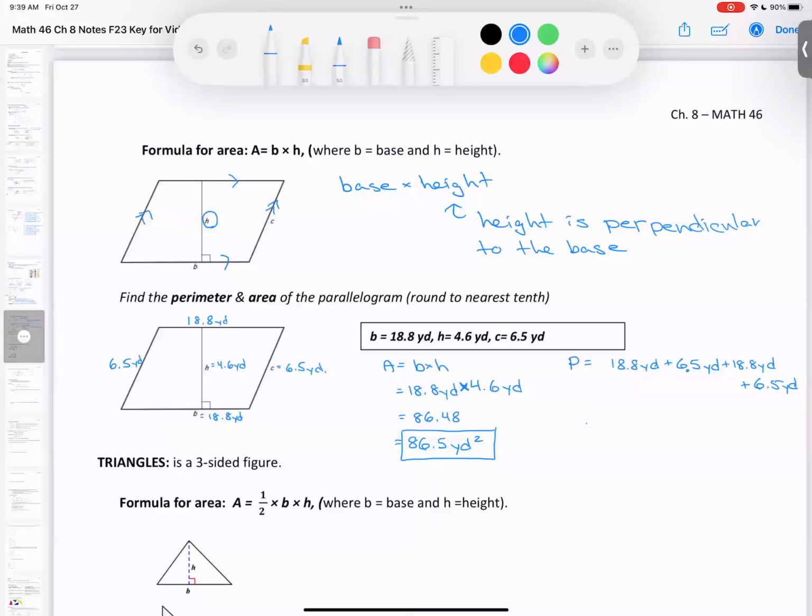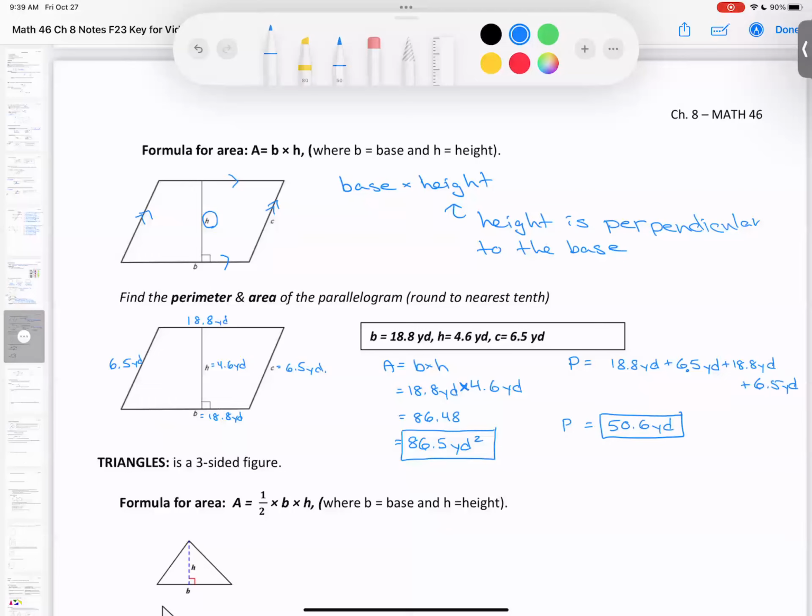When you add all of those up, you will get 50.6 yards.